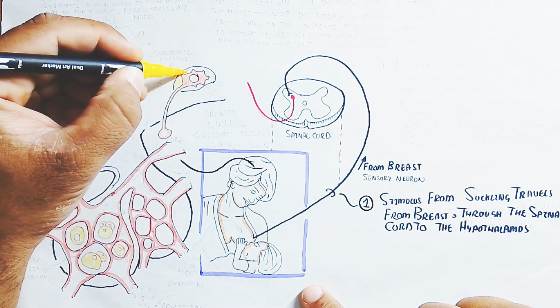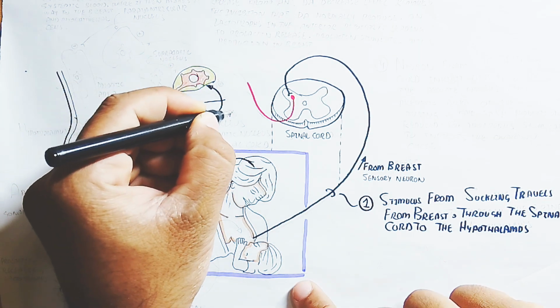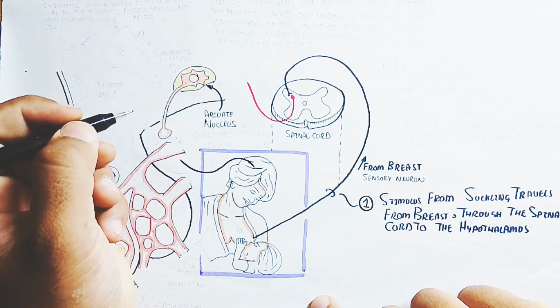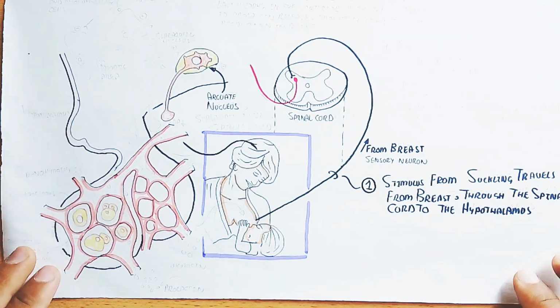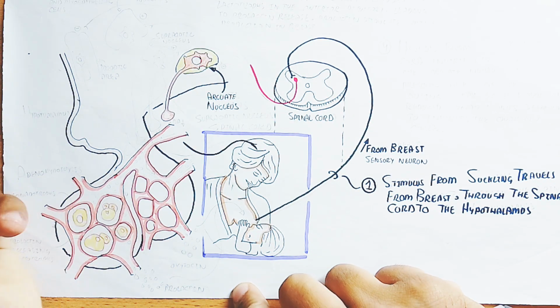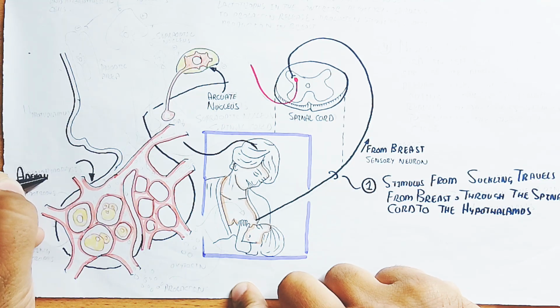The arcuate nucleus is important for the release of dopamine. Whenever the stimulus from the breast comes as a sensory neuron, the inhibition of the arcuate nucleus means dopamine will not be released.